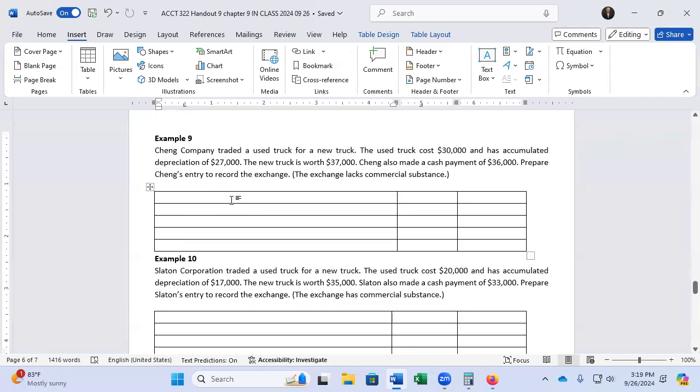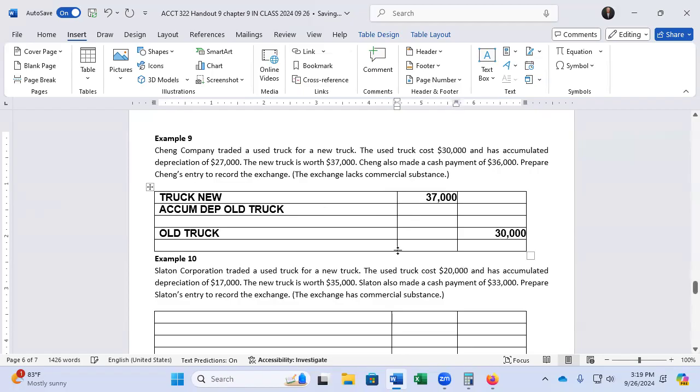So, truck, new, and that's 37,000. We have accumulated depreciation for the old truck. And I'm going to go down 2 lines and old truck, eliminate that one. We know that old truck was 20,000. Oh no, I'm sorry, 30,000.